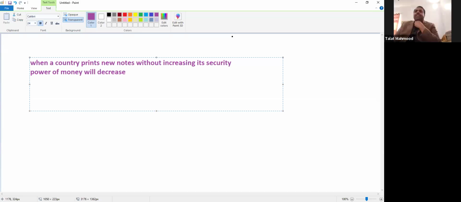So in some countries, when you have to print a 100 rupee note, you have to put 30% of gold in the form of security in your central bank. Then you will be able to print the 100 rupee note. If you don't do that, then what is the use of that money? Because then the power of that money will be decreasing. Why so? Because it does not have the back securities. So when money is holding back securities, then it is possible that it will gain more and more power.